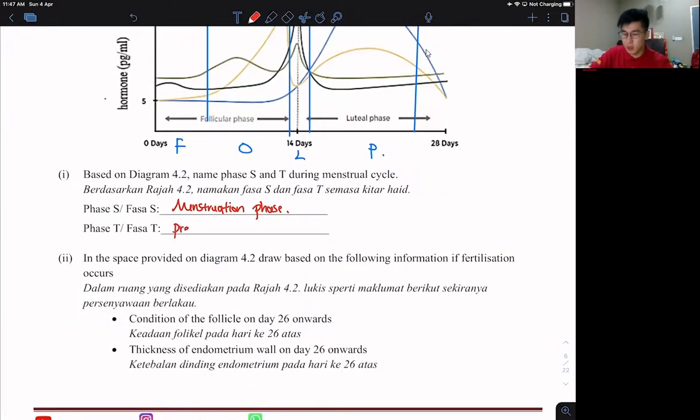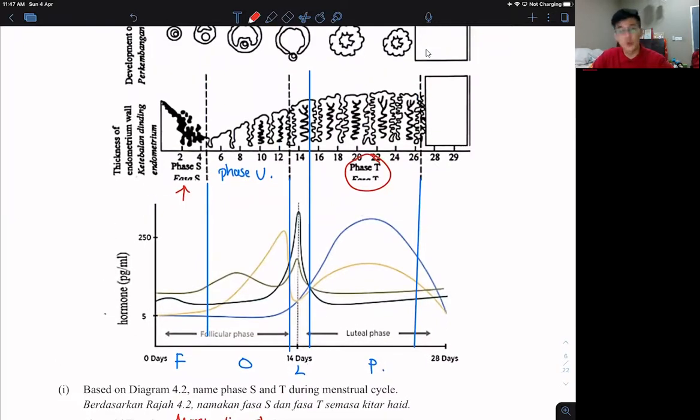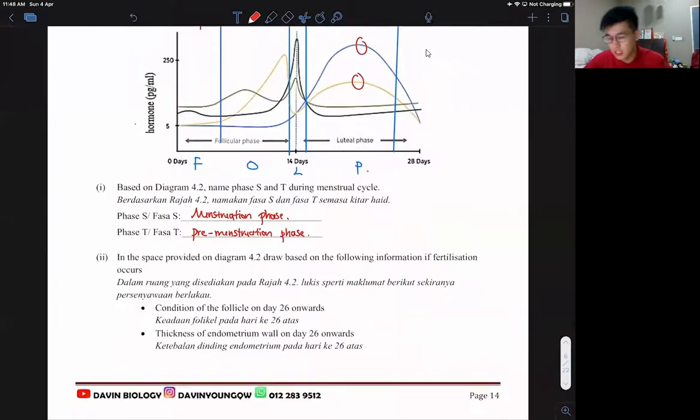This is where the girl will start to be a bit crazy, the pre-menstruation stage. The notes actually explain why girls will have PMS. Because over here, the estrogen and progesterone levels start to decrease already. These are the two main hormones that give girls their mood, their personality. So as these two hormones decrease, they will start to feel a bit moody and not really themselves. That's why girls are a bit different during this stage.